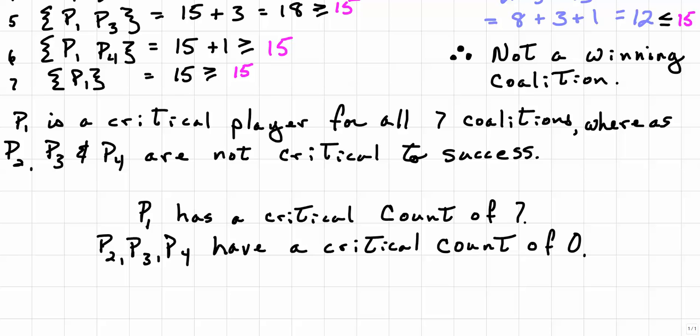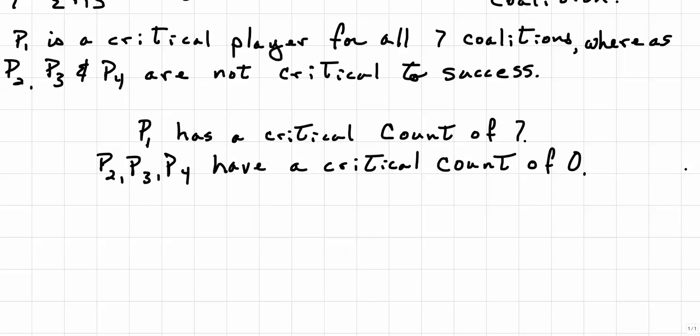Now the Banzhaf power index is based upon this. We're going to have beta, and let's just call this beta sub n, will be equal to B sub n over T. Now what does that mean? Well, B sub n is going to be your critical count for each player.